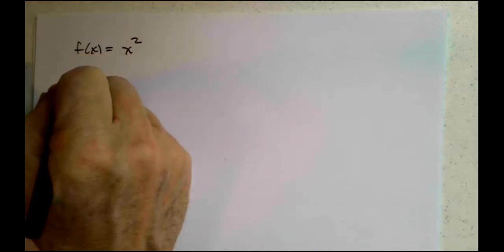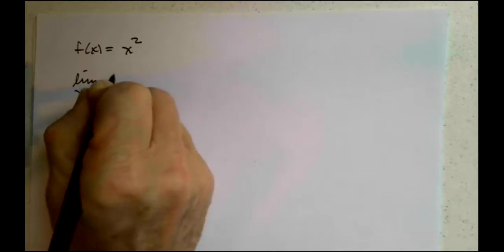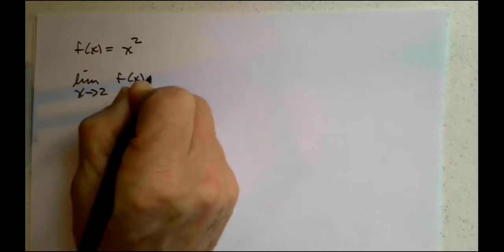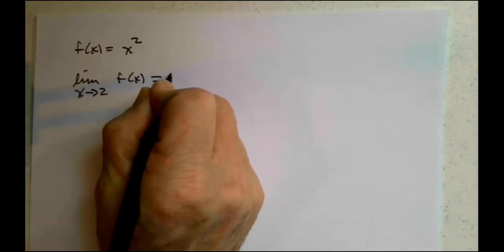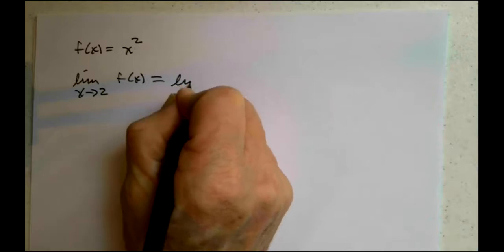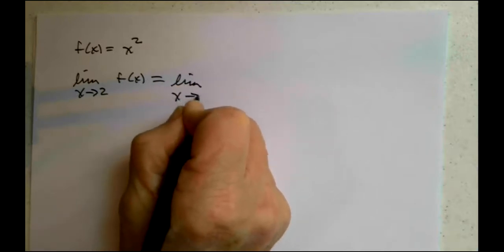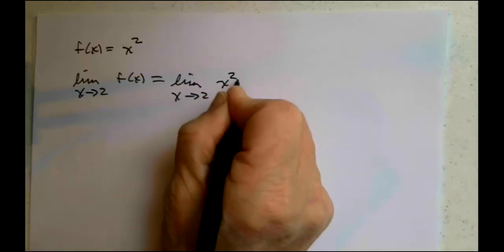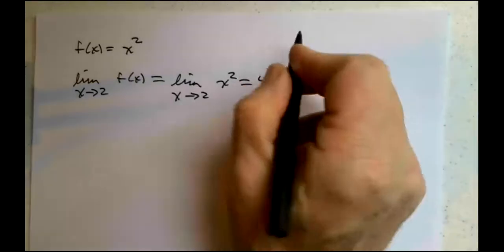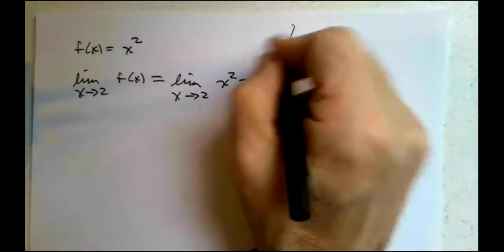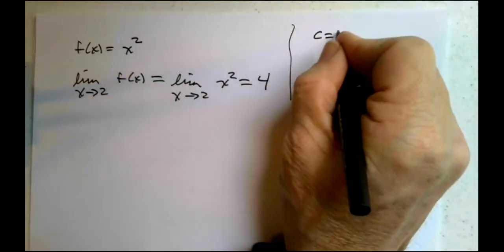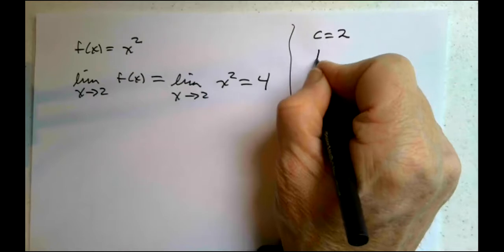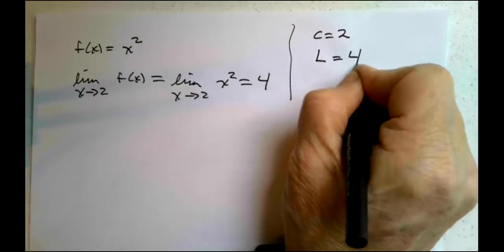I want to look at the limit as x approaches 2 of f of x, and that should equal the limit as x approaches 2 of x squared, which should be 4. So in our example here, f of x is x squared, c is 2, and L is 4.